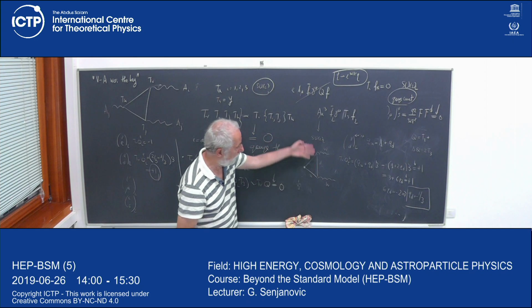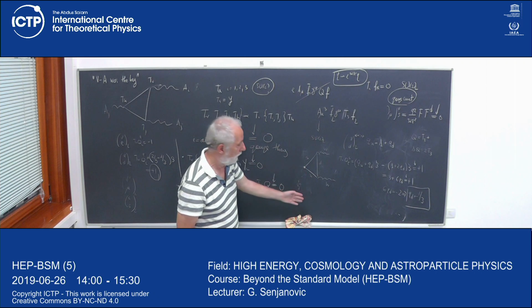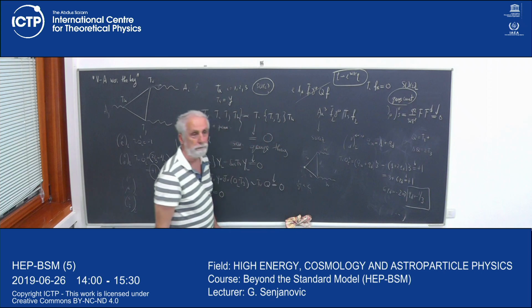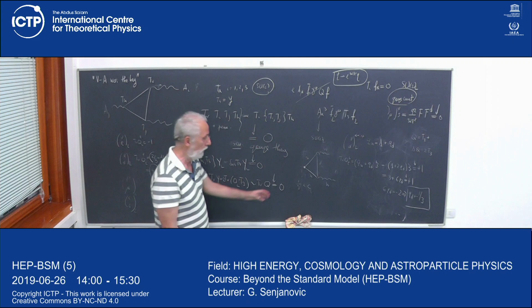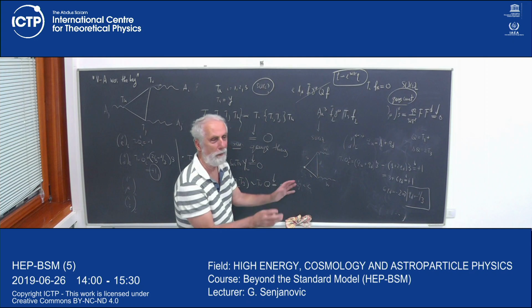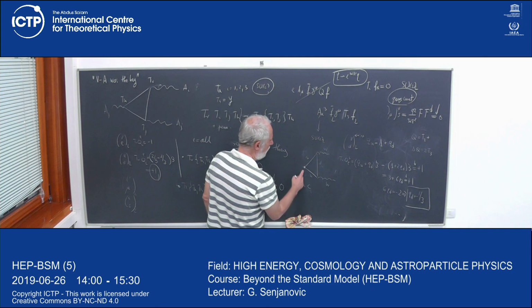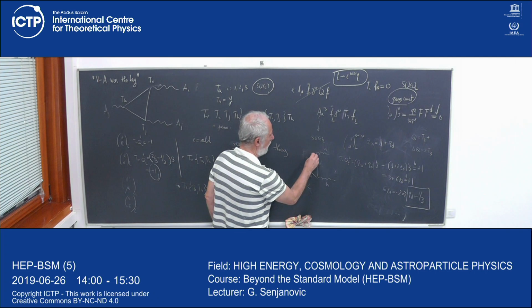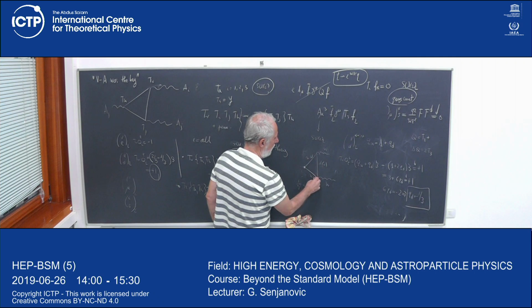So this diagram contributes 1/3 times some coefficient C. I don't know how to compute it. Actually, we know there are some formulas, but I don't have to worry about that. Then there is also the down quark. I can now have a diagram with a down quark, which becomes an up quark.